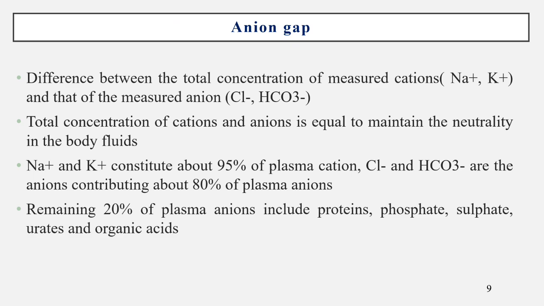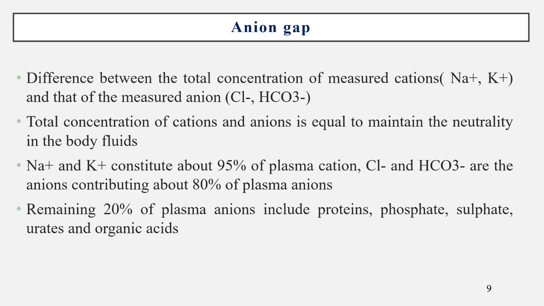Next, coming to the anion gap. What does anion gap mean? It is the difference between the total concentration of measured cations and that of measured anions. Cations are sodium and potassium; anions are chloride and bicarbonate. The total concentration of cations and anions is equal to maintain neutrality in the body fluids.